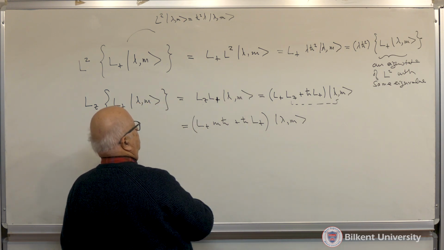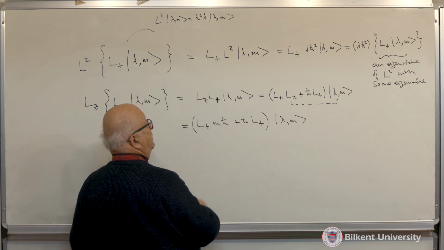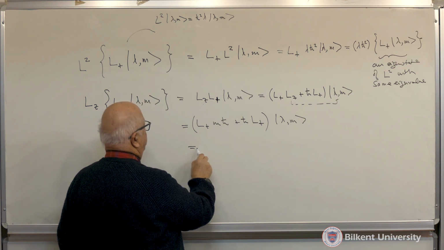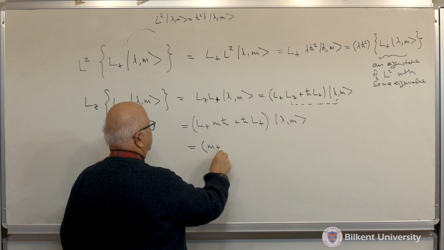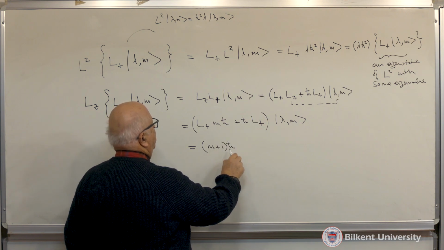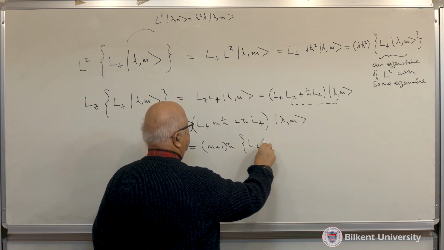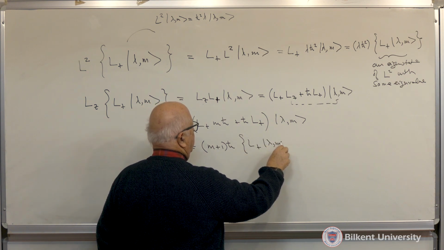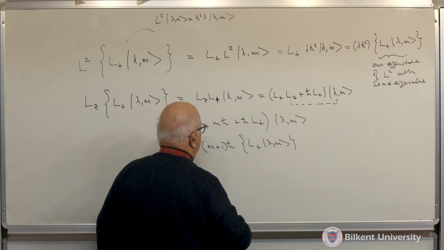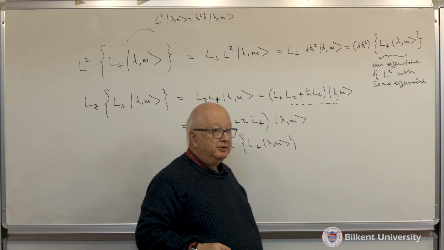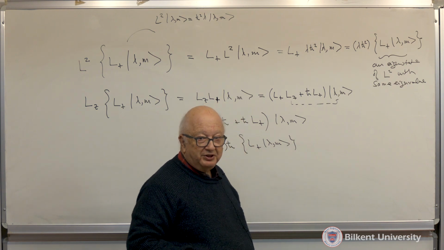Let me pull out everything except the L plus. So this is going to be (m plus 1) h bar, times L plus lambda m. Now looking at this, what does this say? What's the physical meaning of this?